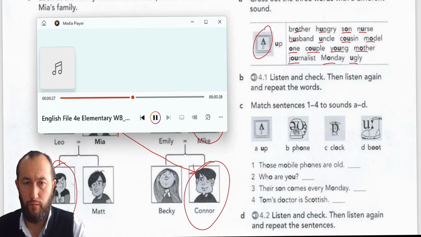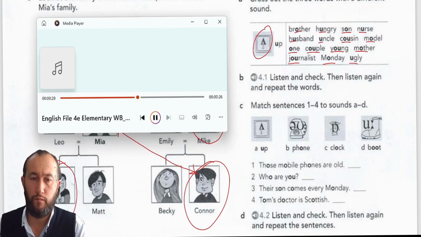Uncle. Cousin. Model. One. Couple. Young. Mother. Journalist. Monday.